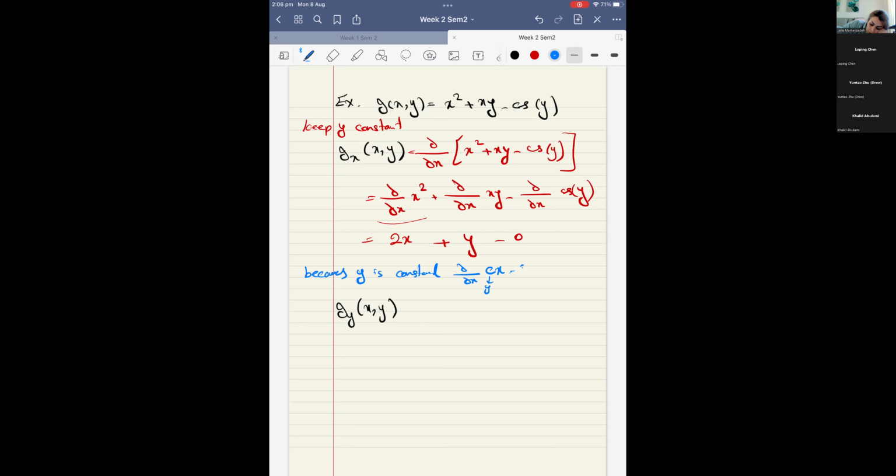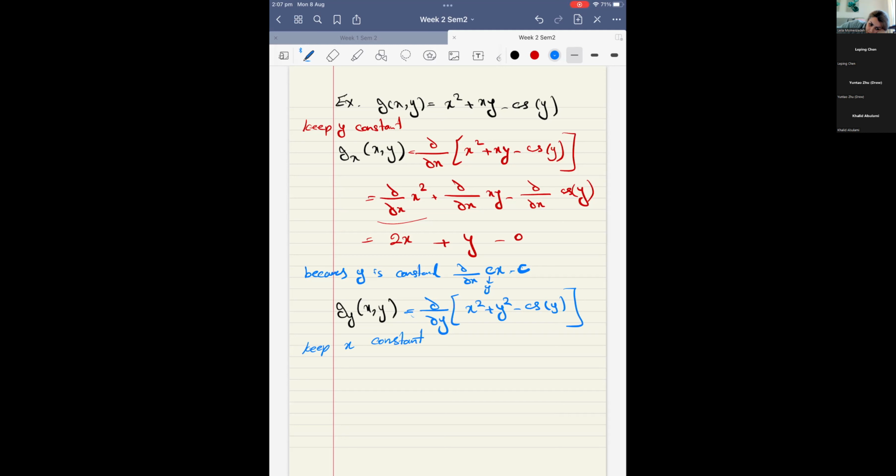The other one is partial with respect to y of x squared plus y squared minus cosine y. Now for this one, keep x constant.